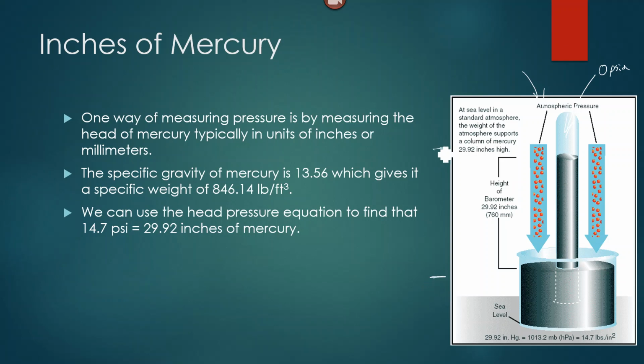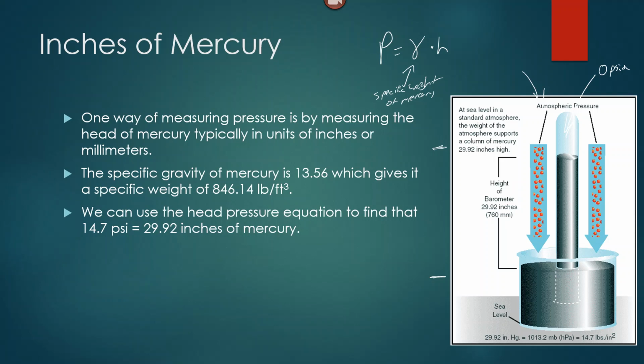So there's some height here, right? And we can figure out that height using our pressure equals specific weight times height. And this would be the specific weight of mercury, which is 846.14 pounds per foot cubed.